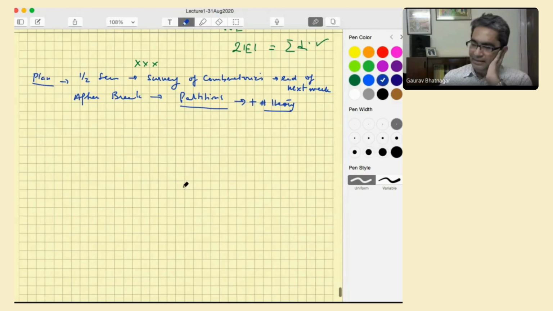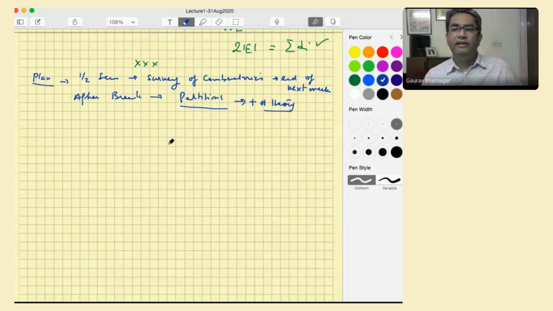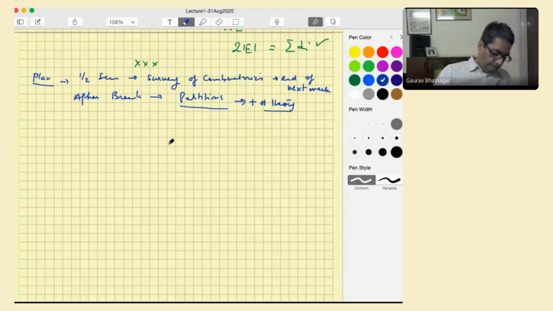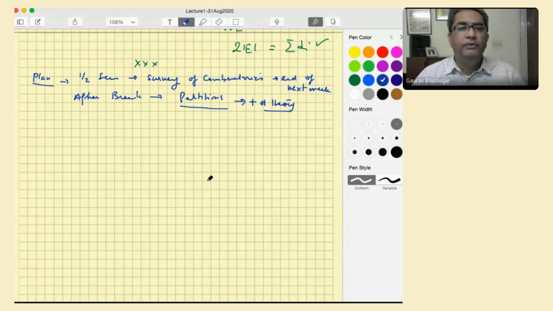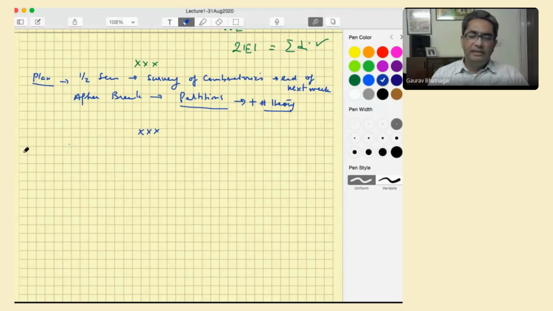They're related, so whatever we are doing will be related, and some combinatorial theorems will fall out along the way. It's not that we are going away from combinatorics. So, let's continue.